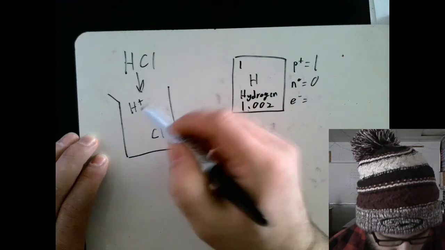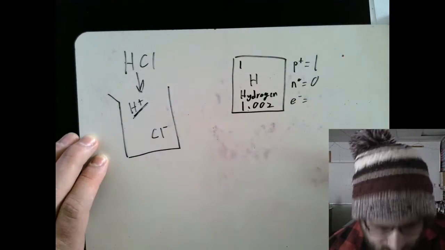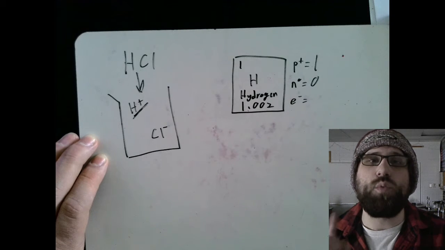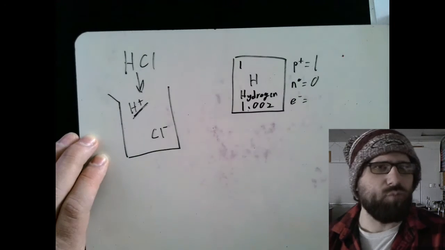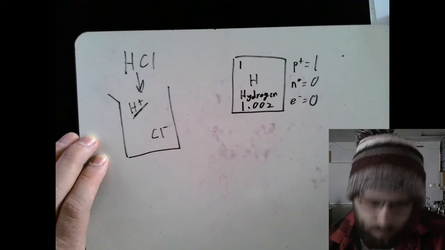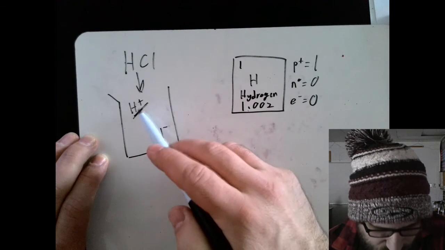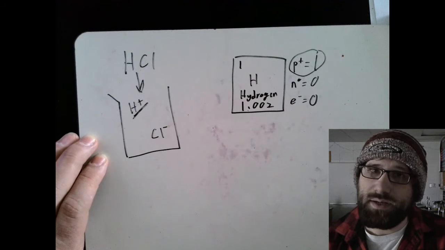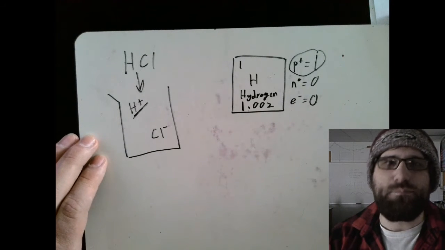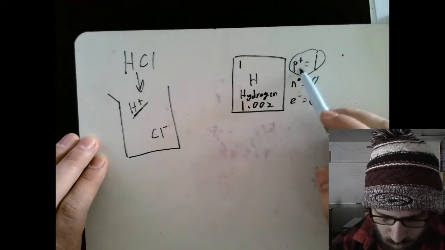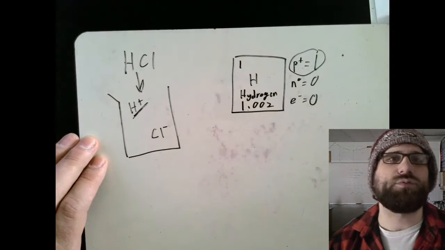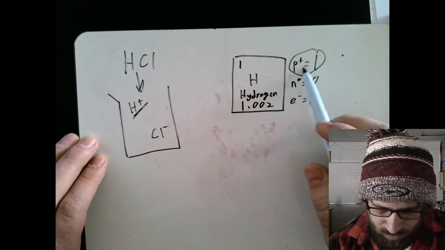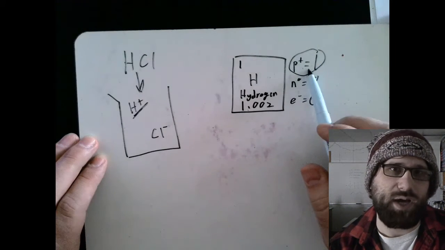But it's not neutral here. This hydrogen has a positive charge, which means it's missing 1 electron. So it would normally have 1, but now it has 0. So this hydrogen here is really just a proton. That's it. So when we look at acid and base chemistry, this is really what we're throwing around. Where in redox reactions we're trading electrons, acid-base reactions are really all about trading those protons.